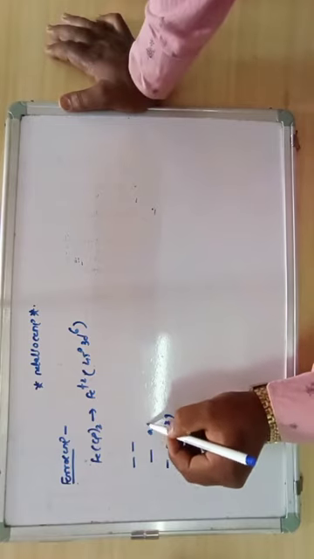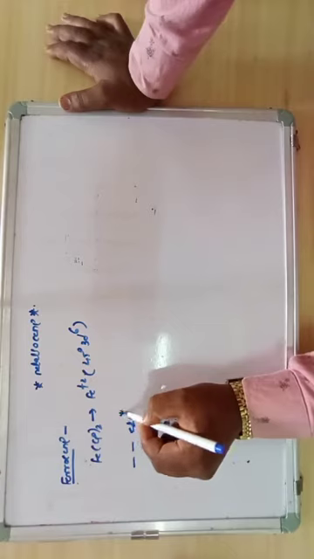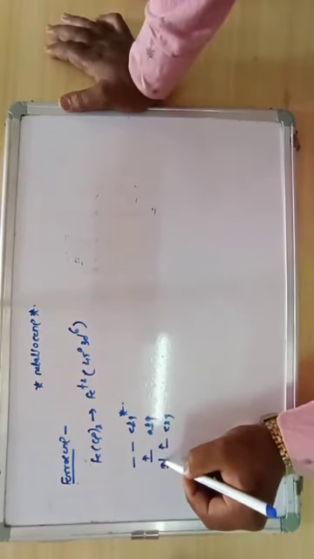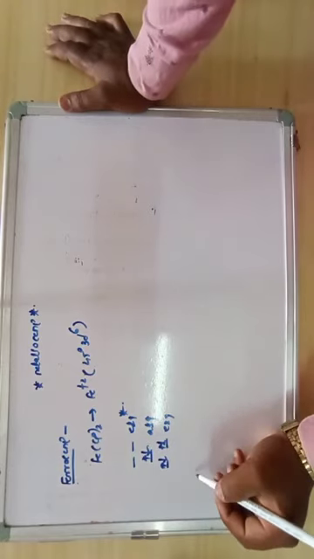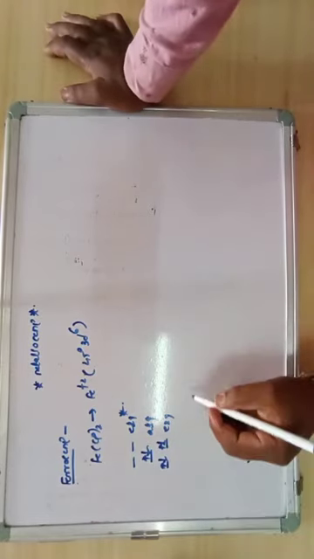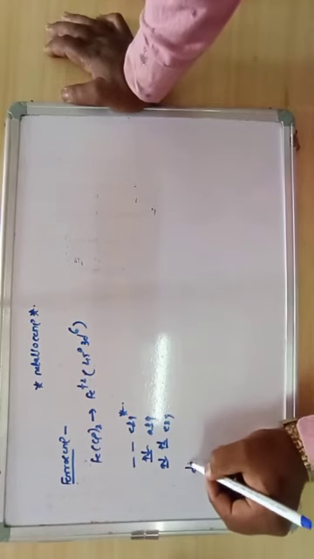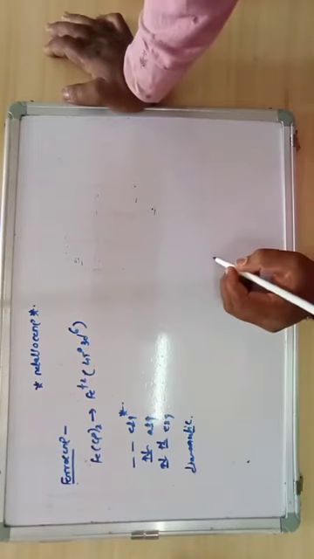E2G, A1G, and E1G antibonding. Then first, second, third, fourth, fifth, and sixth. In this case, all electrons are paired, and there is no unpaired electron, and therefore it is diamagnetic in nature.